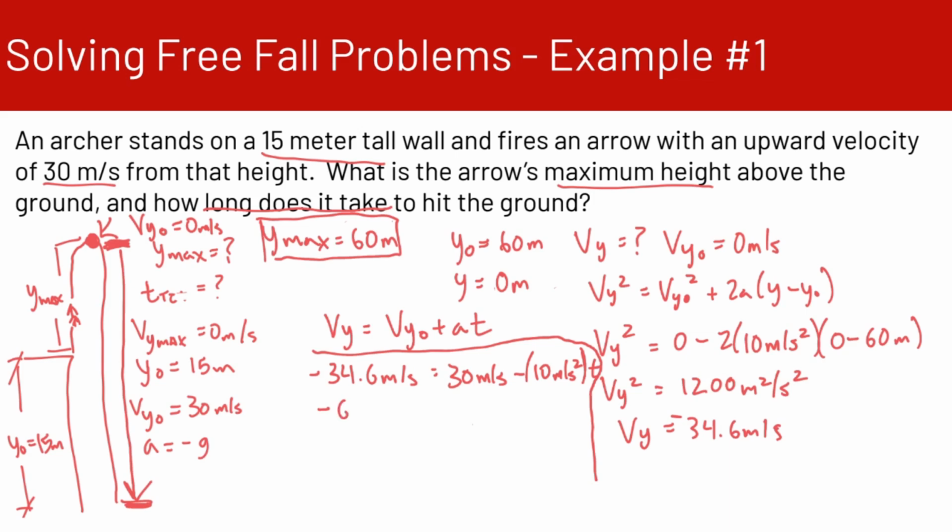So we have minus 64.6 meters per second is equal to minus 10 meters per second squared times t. So t then is equal to 6.46 seconds.